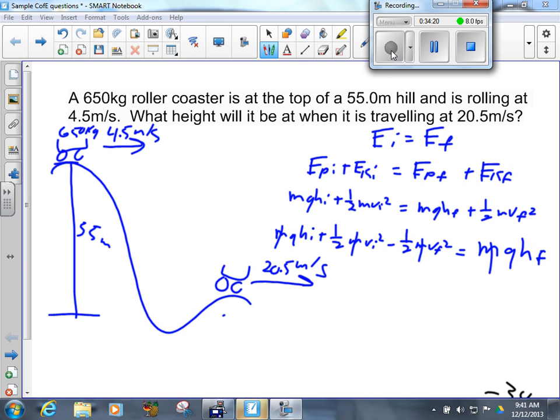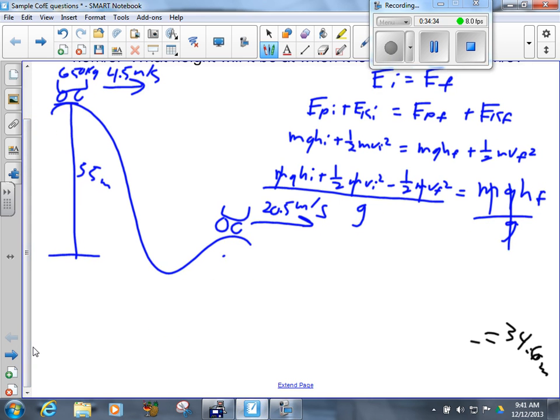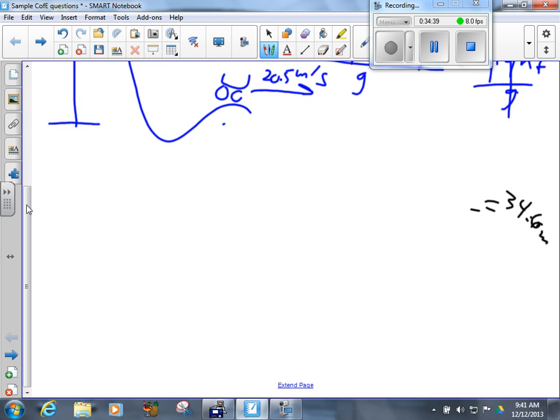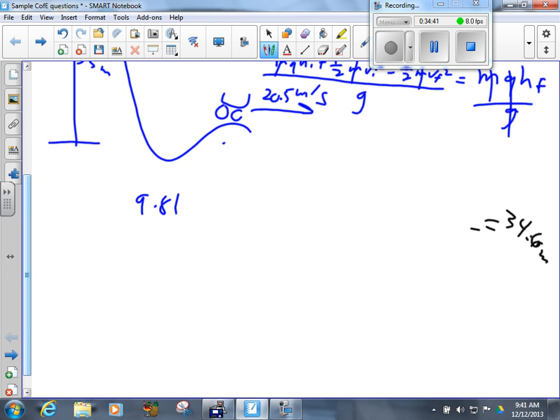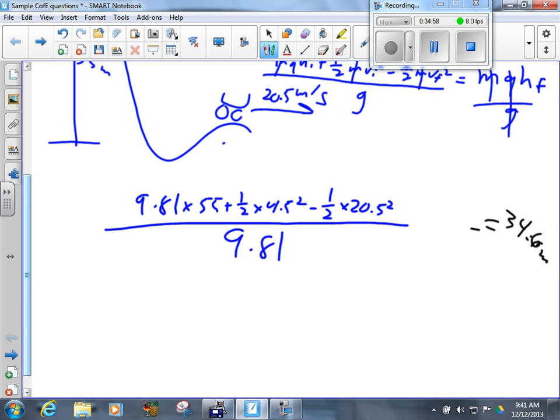Now how do I get hf by itself? Divide by g. So all of that stuff over g will give me hf. By the way, the answer is 34.6 meters. So we have 9.81 times 55 plus 1/2 times 4.5 squared, those are the two initial values, minus 1/2 times 20.5 squared, the final speed, over 9.81.